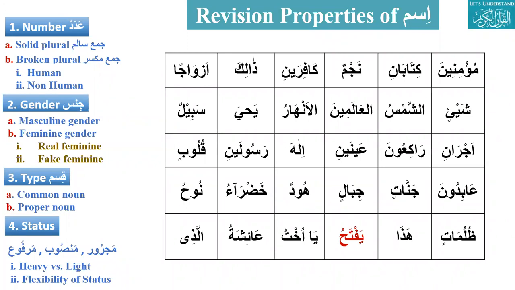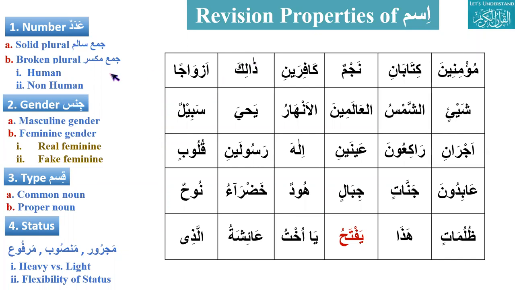Type is proper noun, because all the ishara are proper noun. Okay. What about status? Status. It's non-flexible, so it has all three statuses. So rafa, nasab, jar, all three are the same for this. Okay, good. Okay, I will go to Anusha.